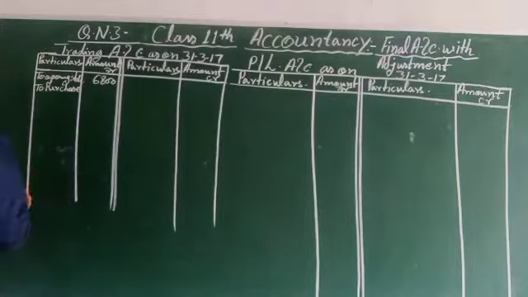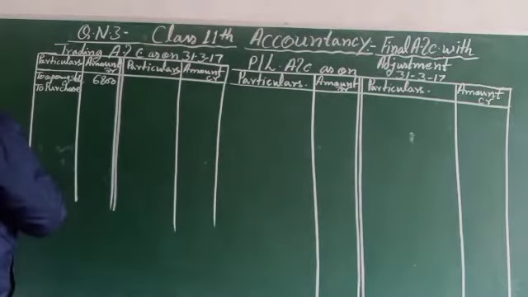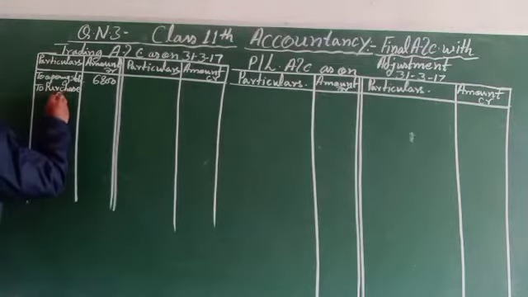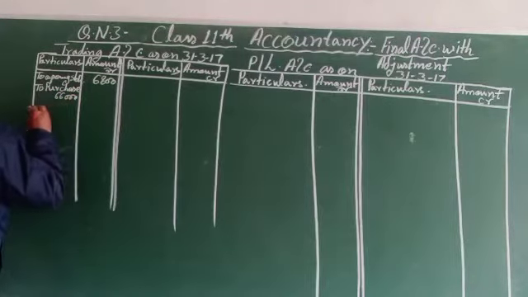We have to write this inside the column, because the purchase return will be deducted. Purchase and sales are also given, purchase 66,000. So inside 66,000, and then less return.